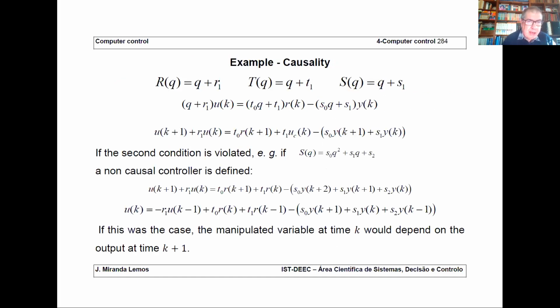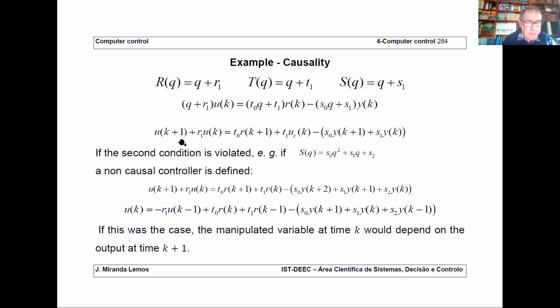Let me give you an example. Suppose that we have our first order controller, and you repeat what we have just seen. So u of k plus 1 will depend on what? R of k plus 1, y of k plus 1, and its past.